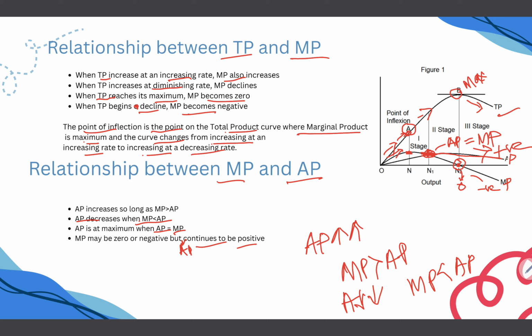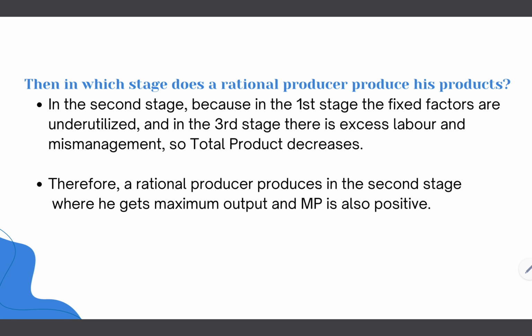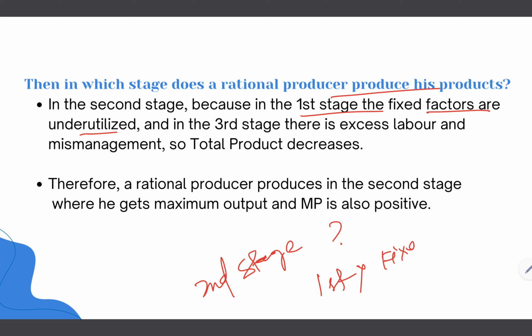Okay, then the question arises: in which stage, stage 1, stage 2 or stage 3, does a rational producer produce their product? Let me discuss it with you. The answer is the second stage. But why? Because in the first stage, the fixed factor is underutilized. We observe that in the first stage, our fixed factor is underutilized.